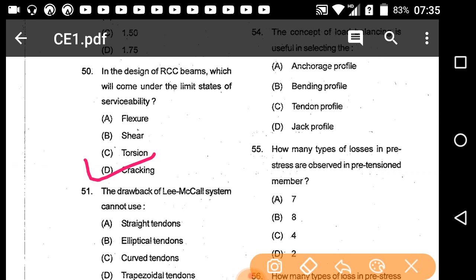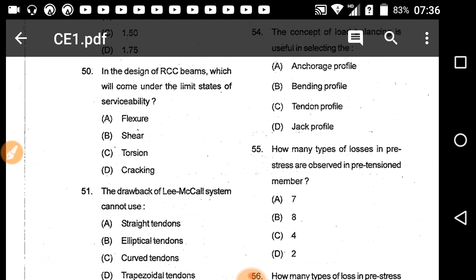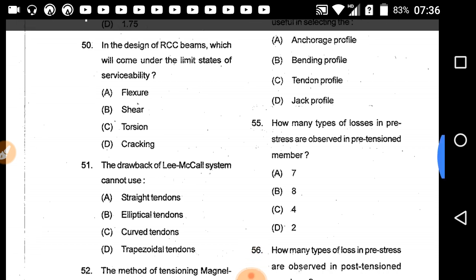Options A, B, C belong to the limit state of collapse. Option D, limit state of serviceability. If it asks about deflection, that also is in the limit state of serviceability, along with cracking. Flexure, shear, torsion belong to the limit state of collapse.